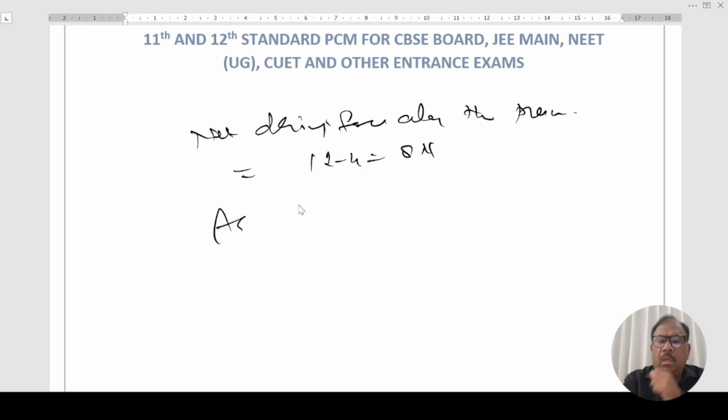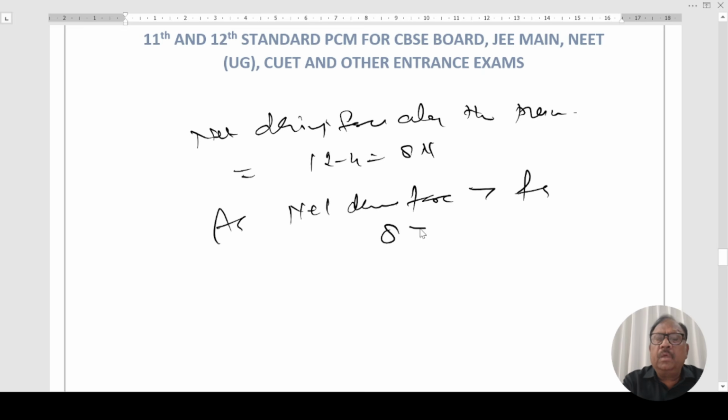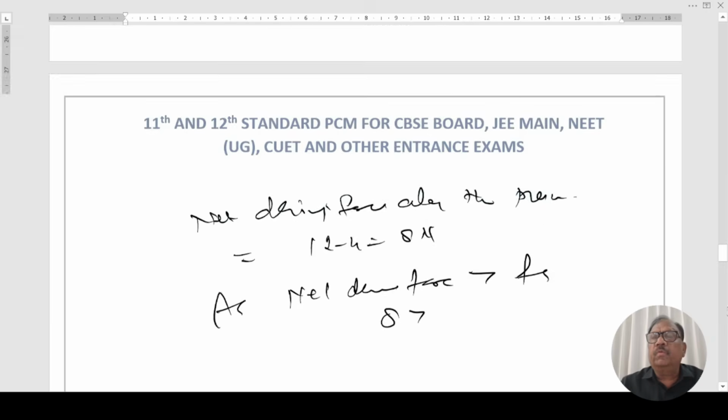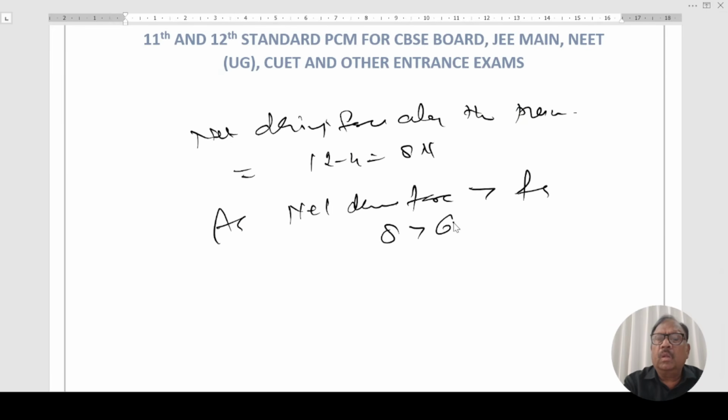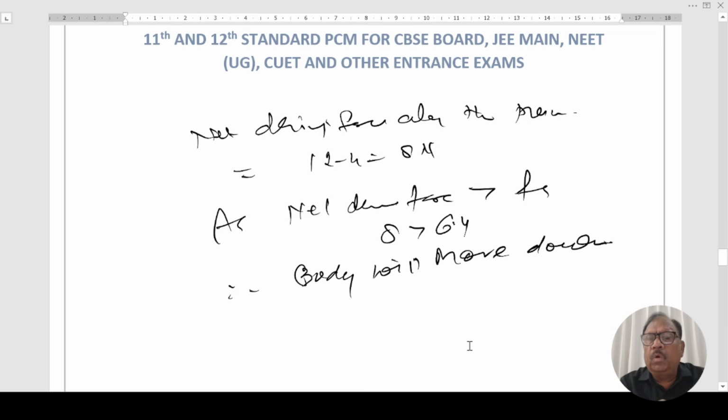As the net driving force is greater than Fs, that is 8 greater than 6.4, therefore the body will move downward.